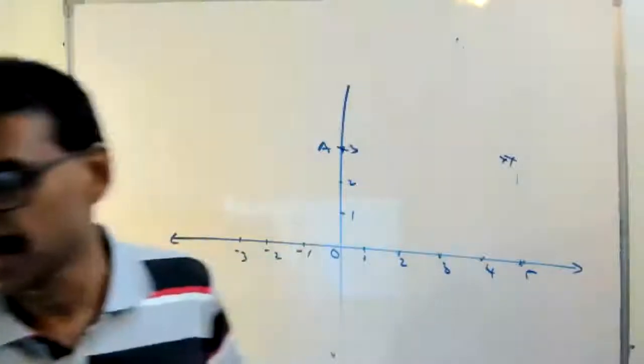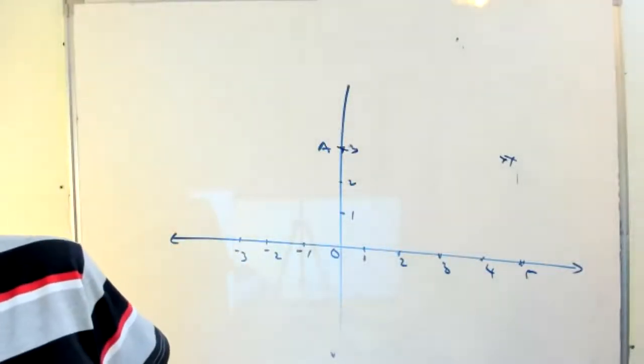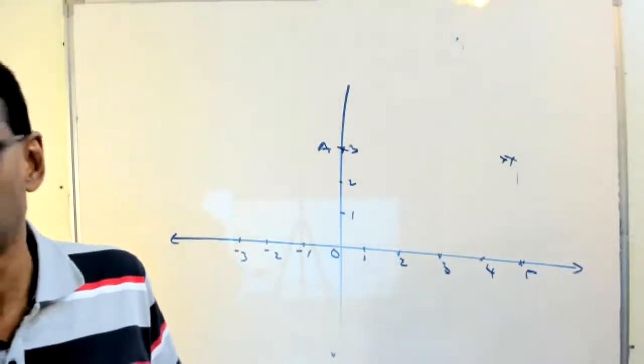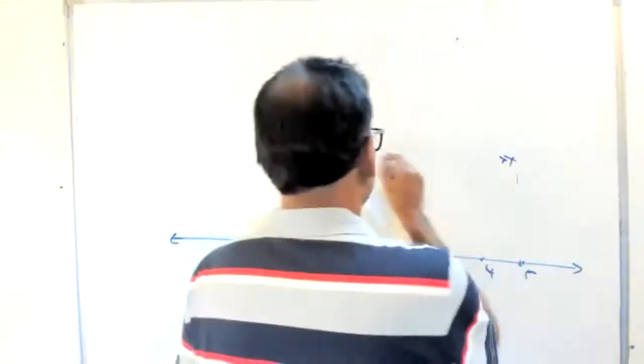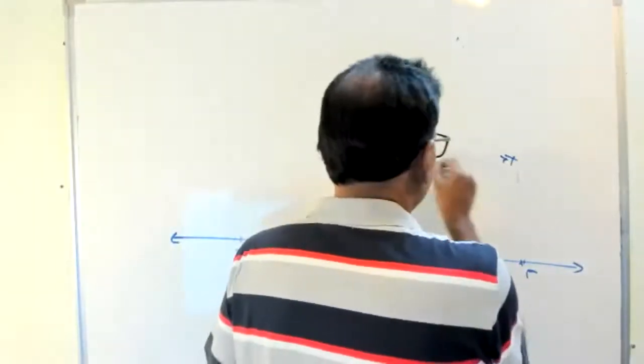Instead of that, you did 3, 5. Understood now? Your mistake is you did 3, 5, not 5, 3. It is 5, 3. That is the second point, B.